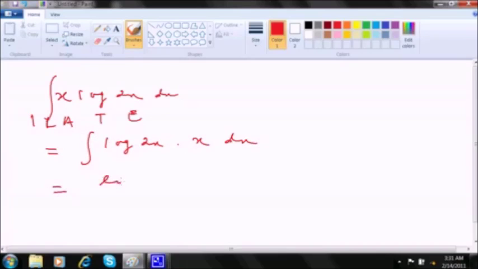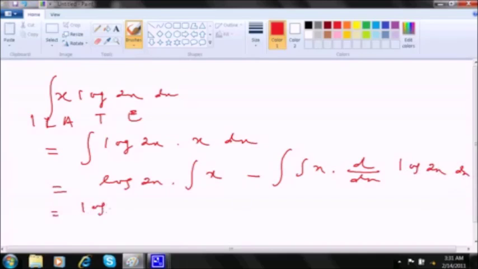So this is log 2x into integration of x, minus integration of x into differentiation of log 2x dx. So this is log 2x into x squared by 2, minus what I got here, x squared by 2, into d by dx of log 2x, which is 1 by 2x into 2.